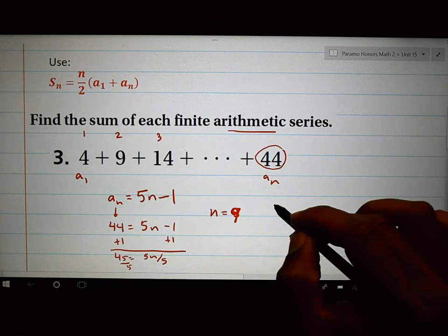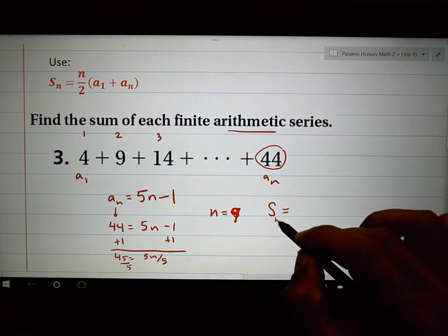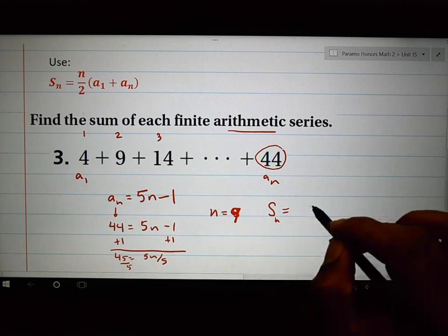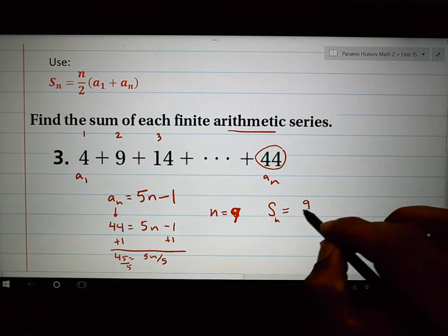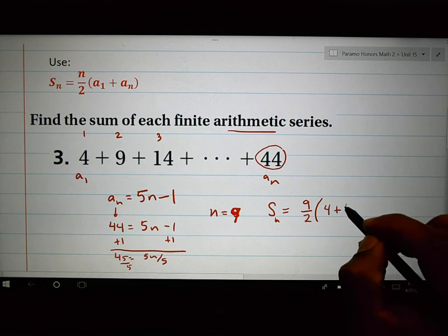The sum of all these numbers, with a little n there saying the sum of all n terms, all 9 terms, is going to be equal to 9 divided by 2 times the first term plus the last term.